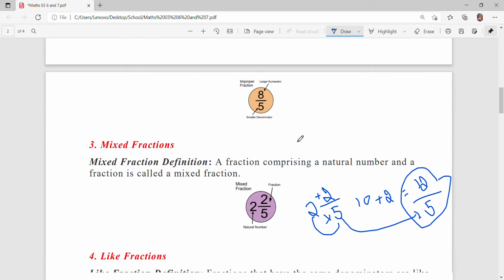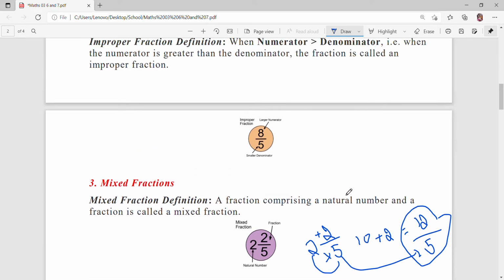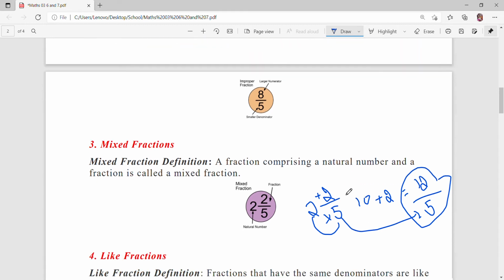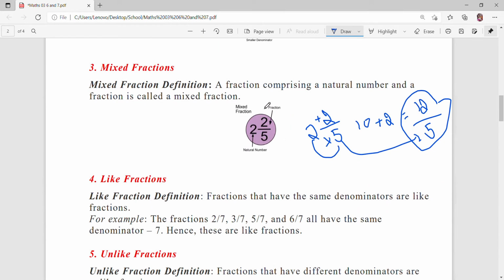You should answer which fraction 12 by 5 is, improper or proper. Remember it and answer it as a volunteer, okay?